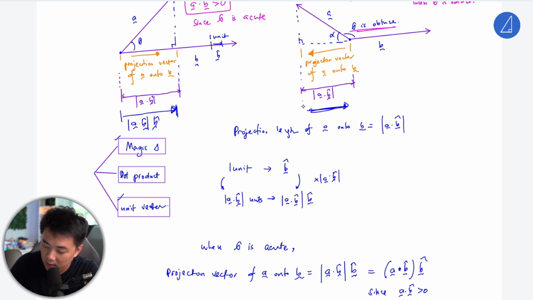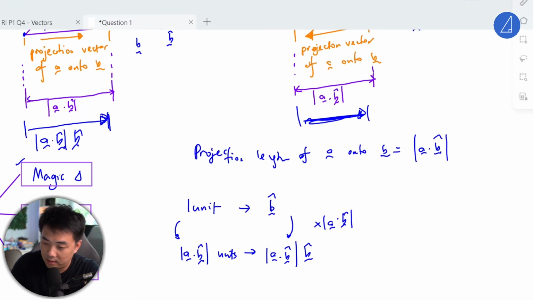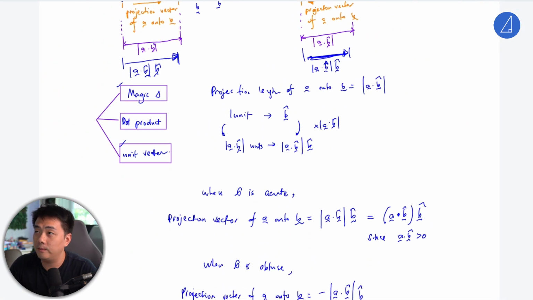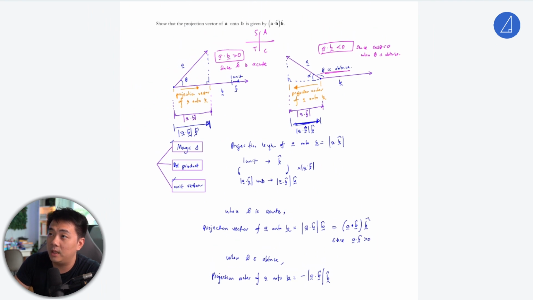It's actually parallel, in the same direction as B, because we're using B here. This is why we need to consider these two cases. But fret not, because we can just apply a negative. If we apply a negative, it will be the opposite direction, which is the orange, the direction that we want, parallel to A.